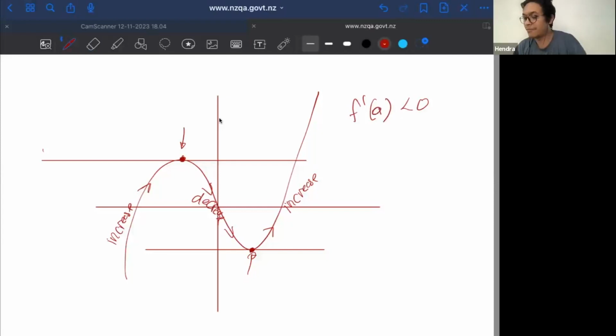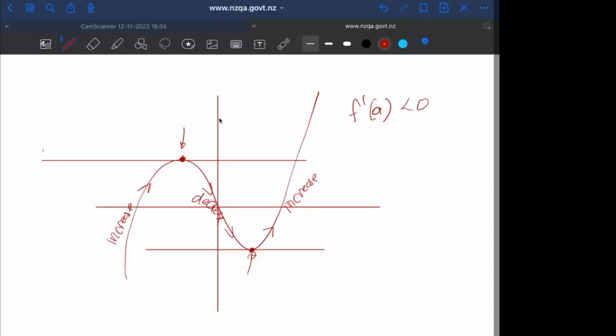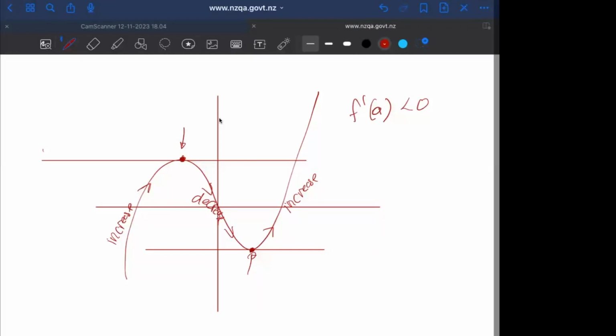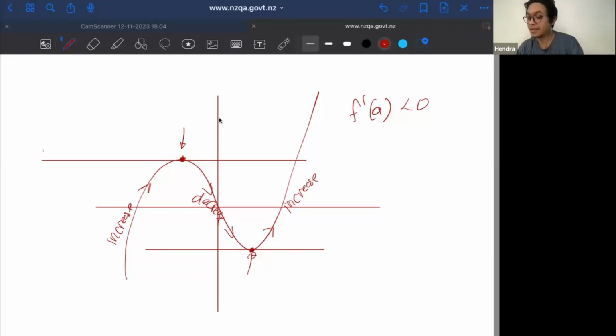After you do f prime equals 0, you will get x 1, 2, 3, let's say. Wait a second. If f prime is less than 0, that should be decrease, if I'm not mistaken. Let me check.